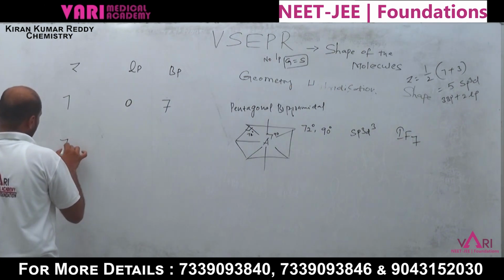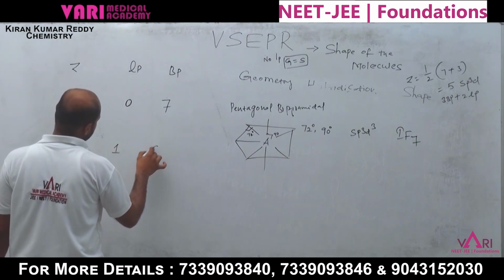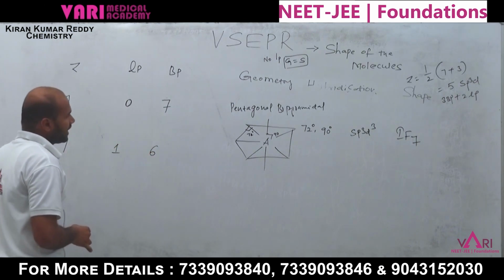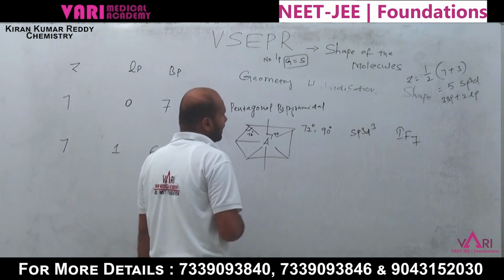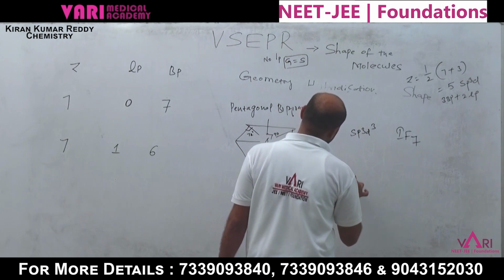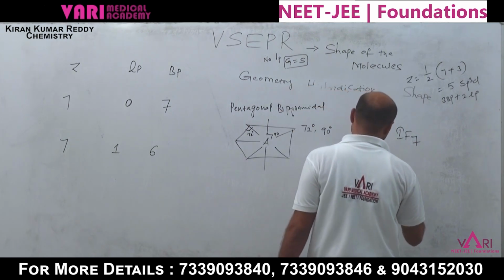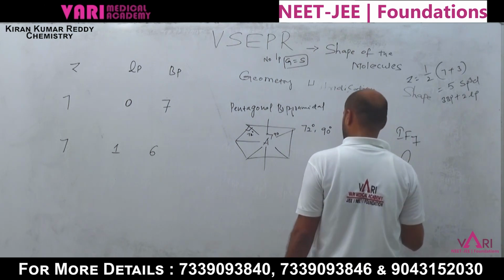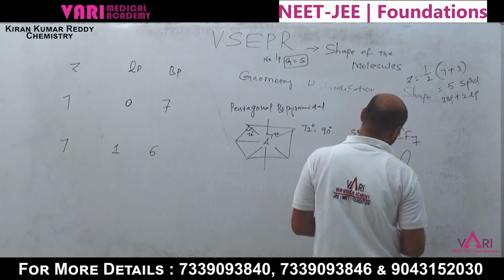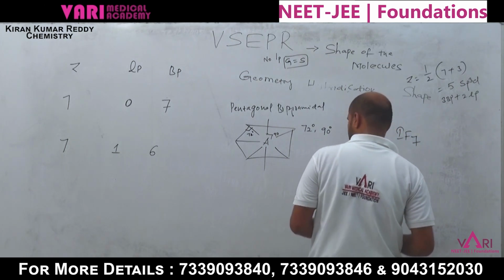Now Z is equal to 7, lone pairs are 1, bond pairs are 6. Next, geometry is pentagonal bipyramidal and hybridization is also sp3d3. Here one lone pair is present, and this is the example of XeF6. What is the shape?